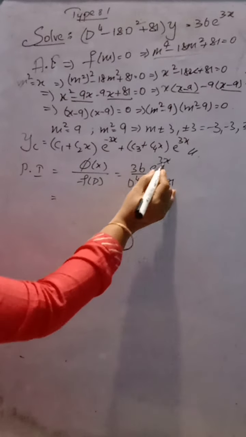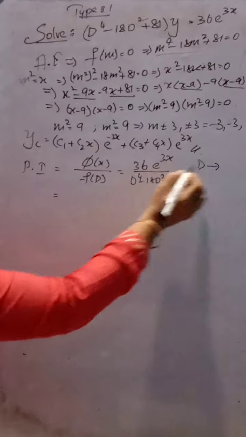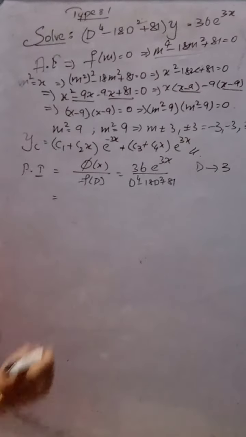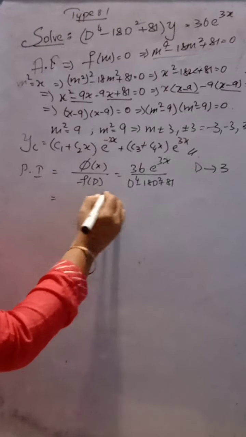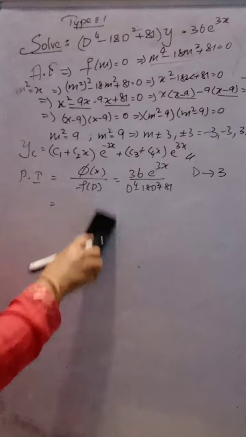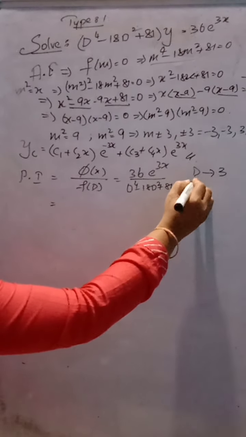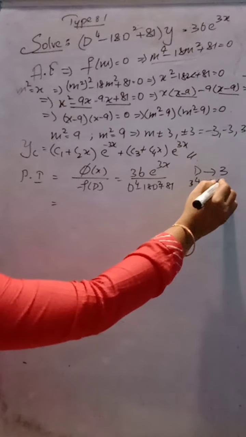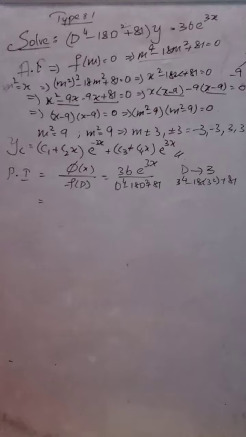Wherever d is there, you should replace it by a, which in this case is the coefficient of x in the exponential form, that is 3. Replacing d by 3, in the denominator we get 3 raised to 4 minus 18 into 3 square plus 81.